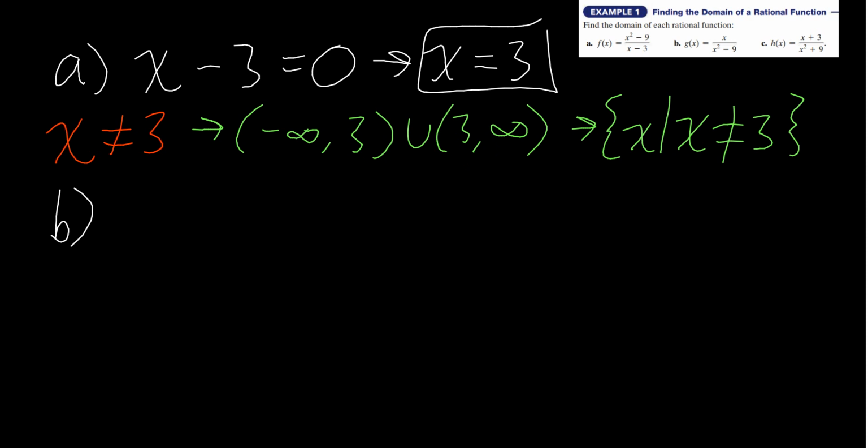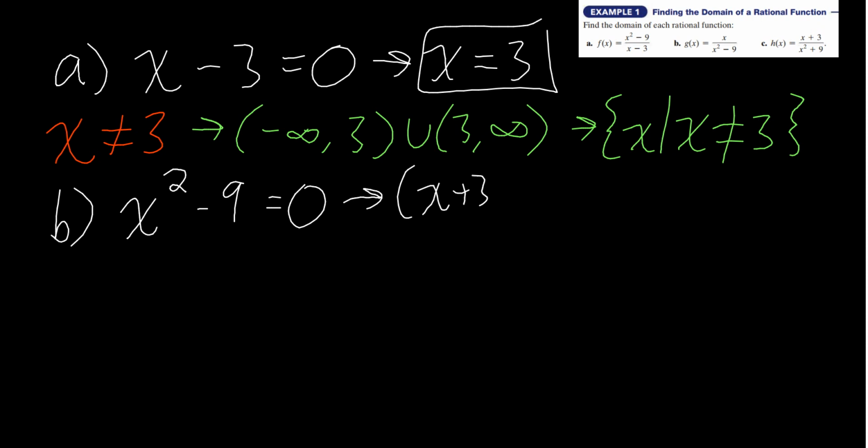Okay. B, again, we're just concerned with the denominator. So we're going to say x squared minus 9 is equal to 0. We know that x squared minus 9 is a difference of squares. And there's a couple ways we can go about doing this. One of them being that we factor x plus 3, x minus 3, because it is a difference of squares.